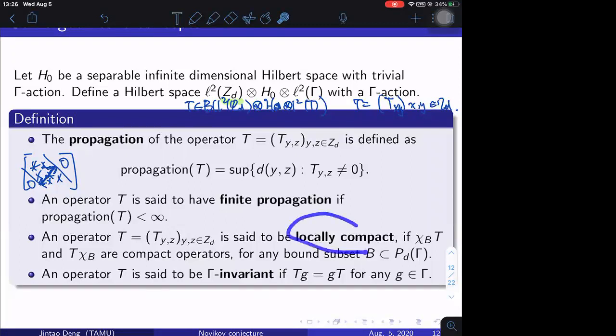Locally compact means, roughly speaking, that each element is compact, with some more requirements. And an element is said to be Γ-invariant if it commutes with the group action of Γ.